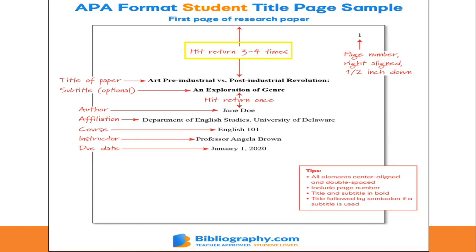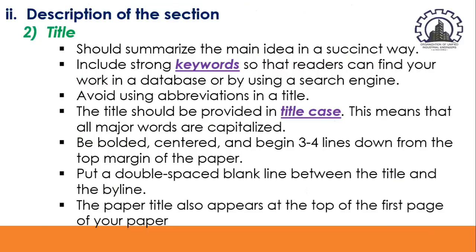When a certain student or researcher makes use of a Google search, and I search a post-industrial keyword, then I will be able to see your study as well. Okay, so meaning to say, your keywords would allow your readers to find your work in a database, especially if they are making use of a search engine.